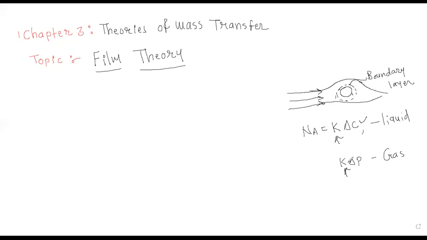Calculating the mass transfer coefficient is complex, so we have three theories, and using them we can predict it. The mass transfer coefficient has a relation with DAB, and different theories give different relations between them. Once we know the mass transfer coefficient and the concentration or pressure difference, we can calculate the flux, and that is the ultimate goal.